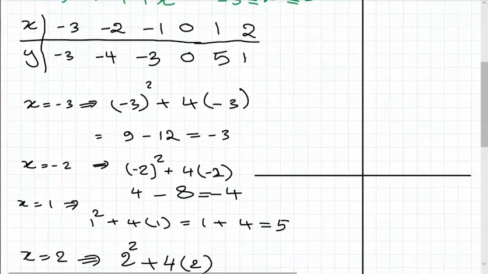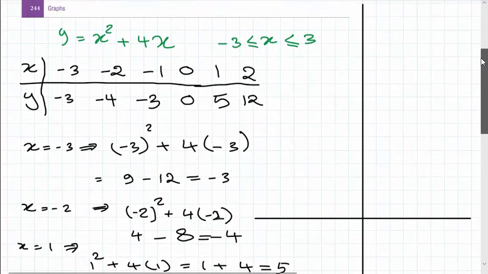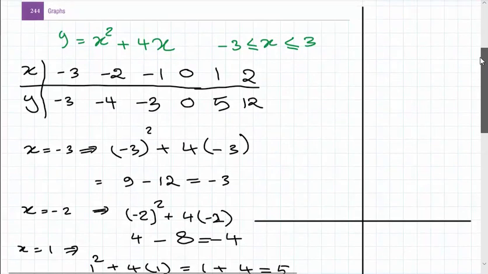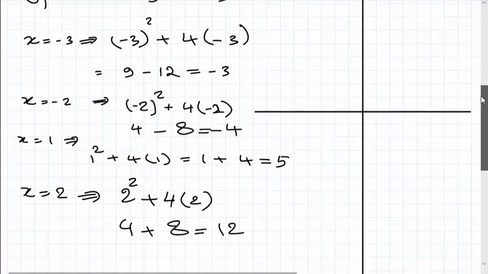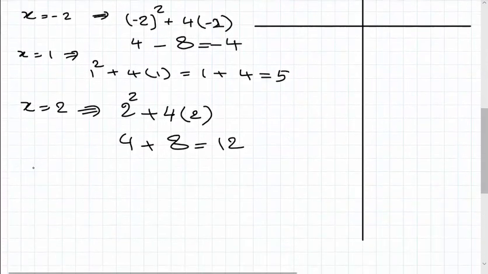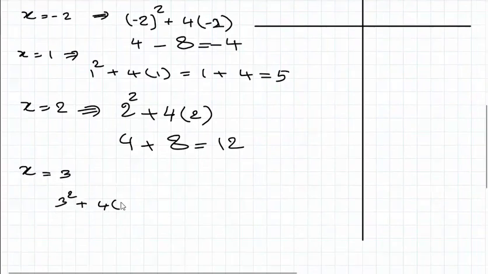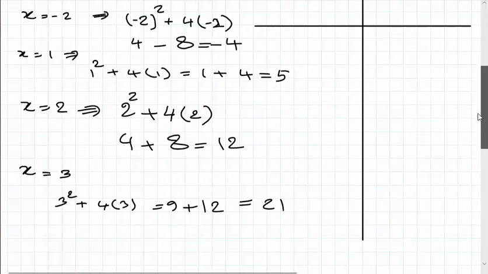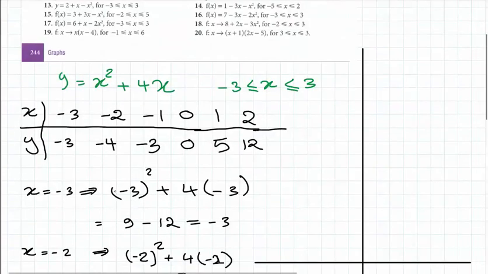So it's 12. And finally, when we put 3 in place of x, 3 squared is 9, 4 times 3 is 12, 9 plus 12 is equal to 21. 3 leads to 21, but these points are enough to draw the curve.